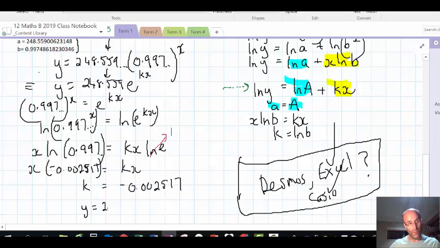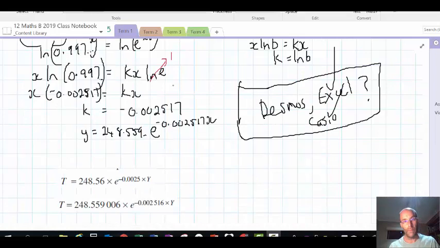So a e to the kx would be 248.559, etc. e to the negative 0.002517x.